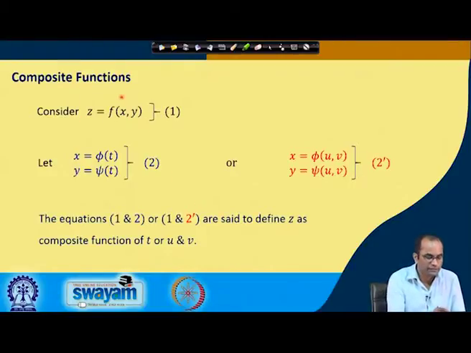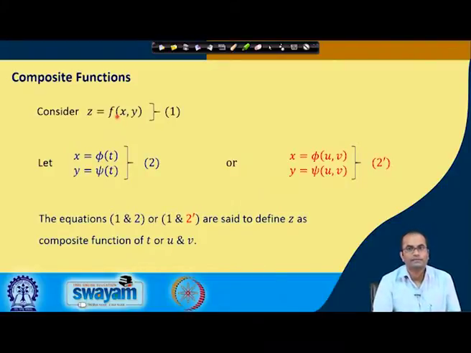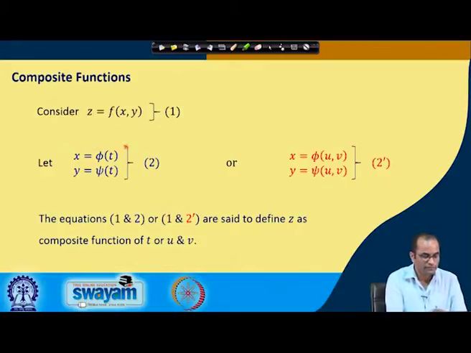Instead, we will find a direct formula which uses the partial derivatives of the function f, a function of two variables x and y, where x and y are functions phi and psi of t, and we will also use the derivatives of these functions to get the derivative of z directly, without substituting x and y in terms of t in the function f of x, y.